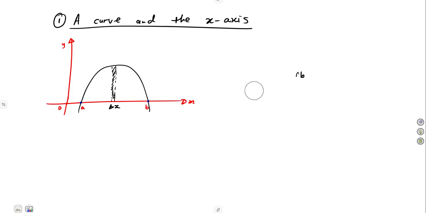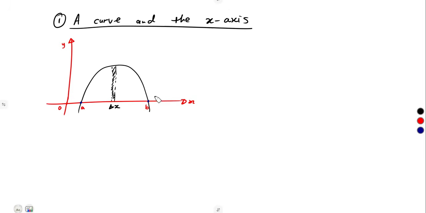So as for the second moment of area that we are dealing with, there is the strip area with respect to x.